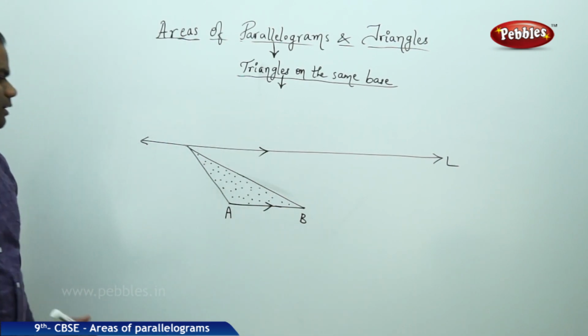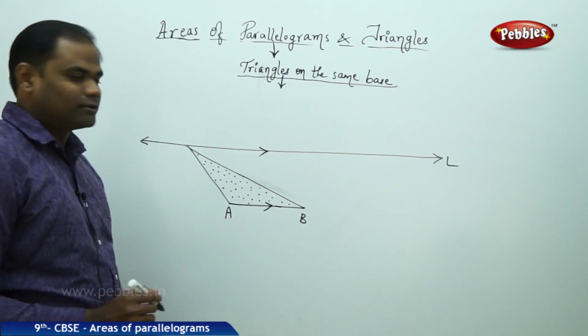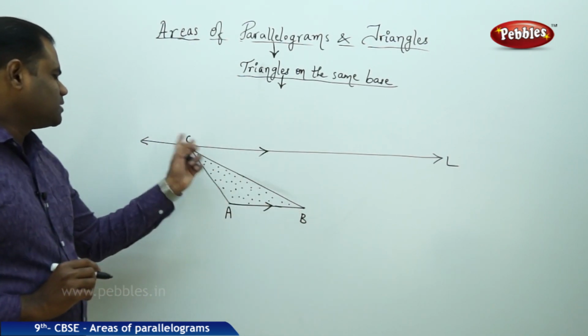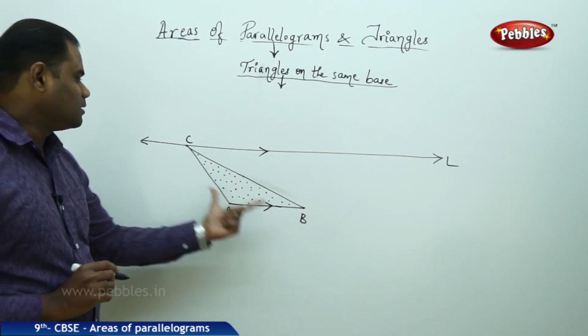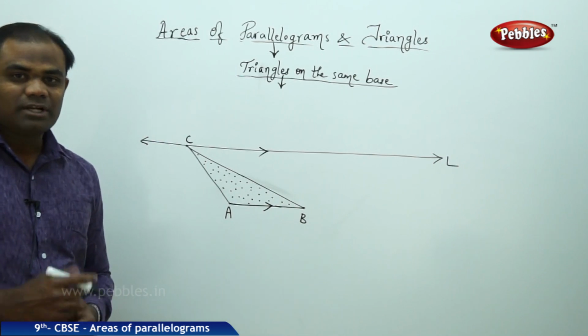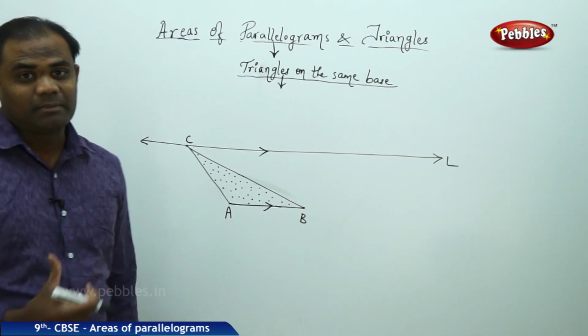So this is the first triangle, which connects the line L with point C. So ABC is a triangle with the same base AB and between the parallel lines L and AB. Let me take one more triangle in a similar manner.